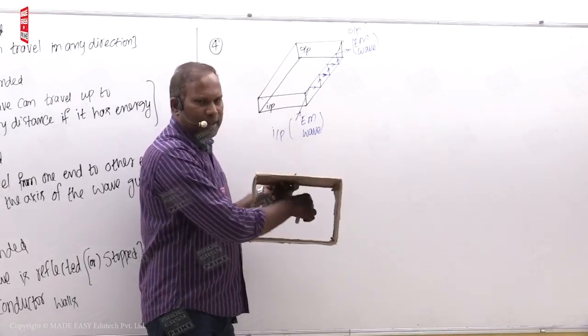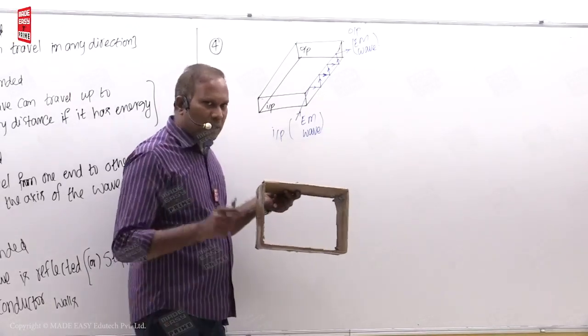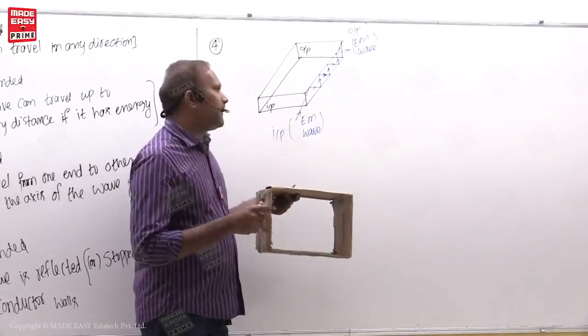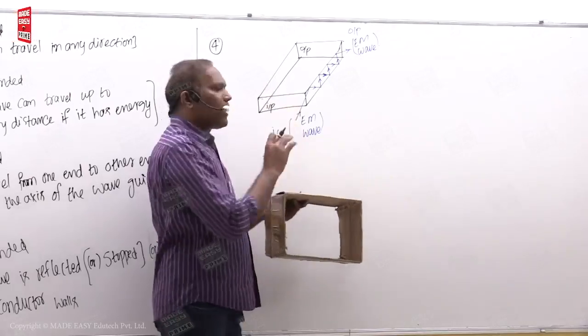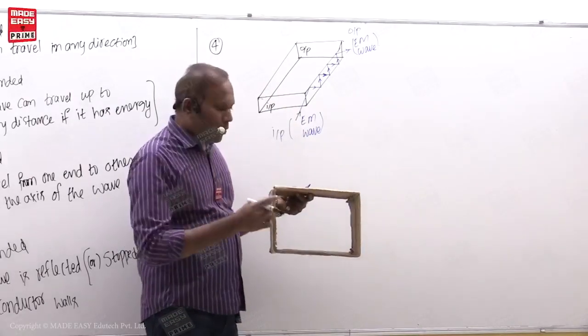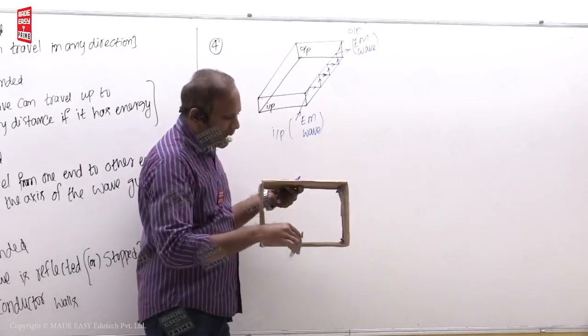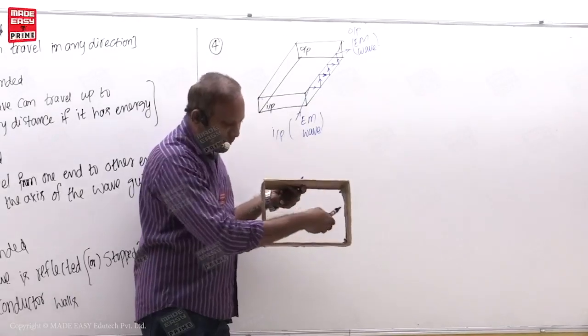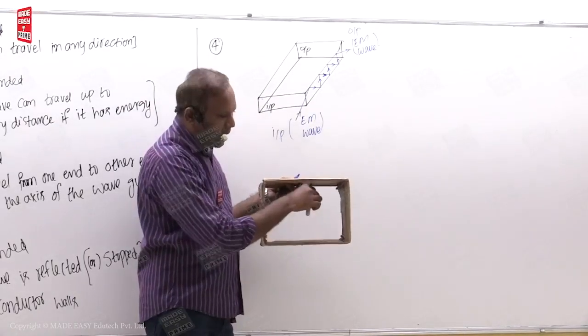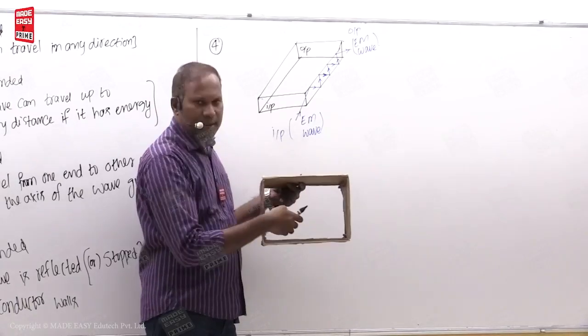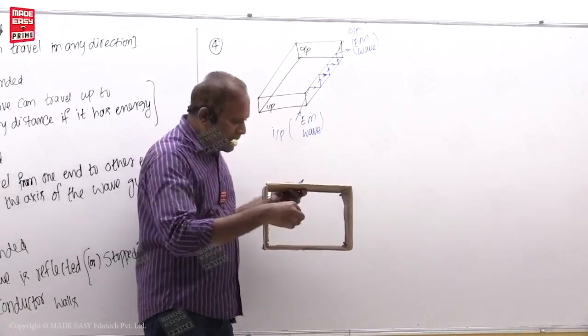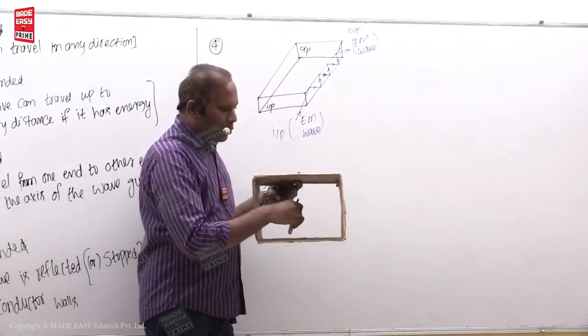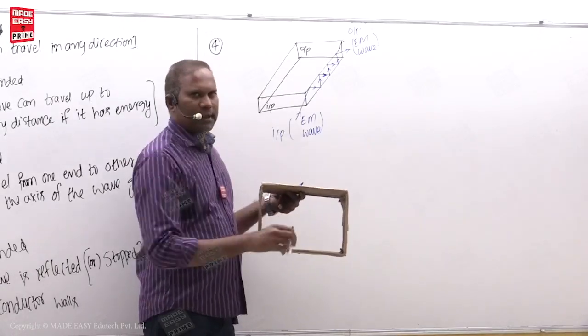So many reflections means multiple reflections. Now, listen carefully to the statement. In the waveguide, EM wave travels in the medium present between the conductor walls along the axis of the waveguide through multiple reflections. That is the statement.